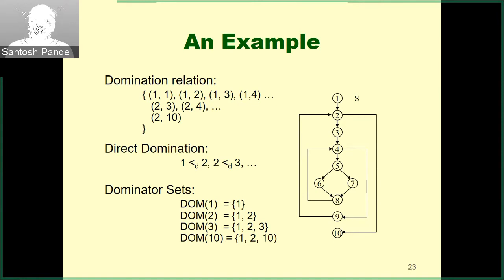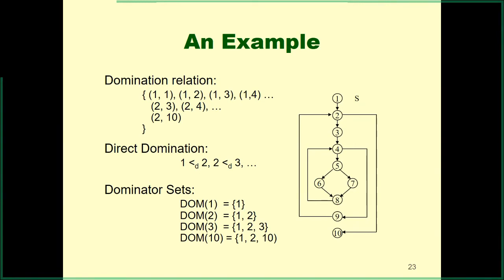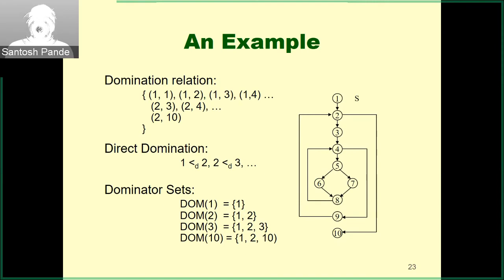So in other words, if a certain node is to dominate me, it must be present in the dominator sets of my predecessors, because if it is not present in one of my predecessors' dominator sets, that means that the path can come bypassing that node to my predecessor, and therefore that node will not dominate me either, because there's no reason for the control to come necessarily via that particular node.